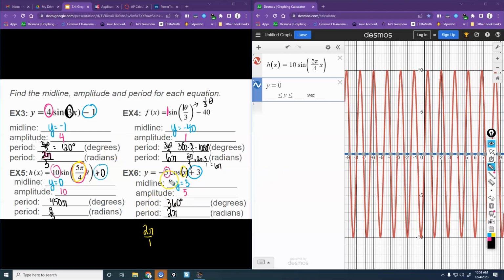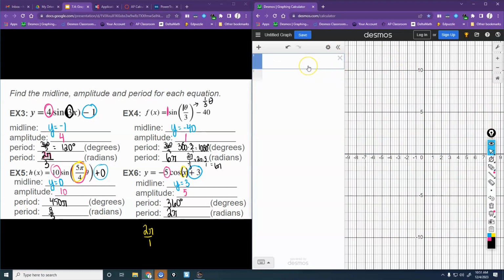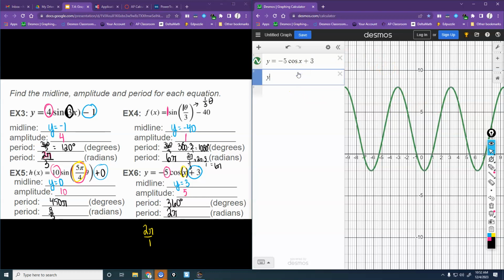Okay. So on these, you're welcome to use the graph. You can graph y equals negative 5 cosine x plus 3. If we graph it and you graph y equals 3, you can see that's your midline. You can count 1, 2, 3, 4, 5 is your amplitude.